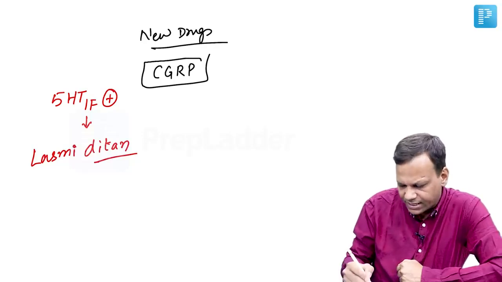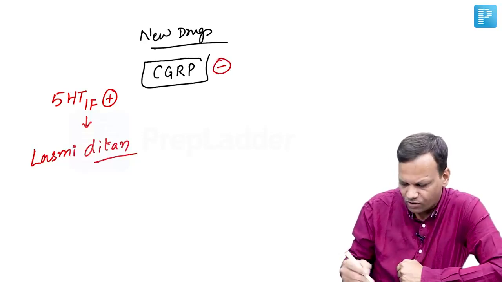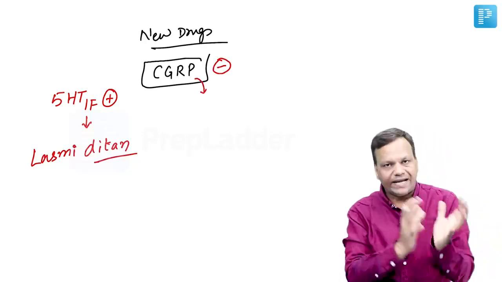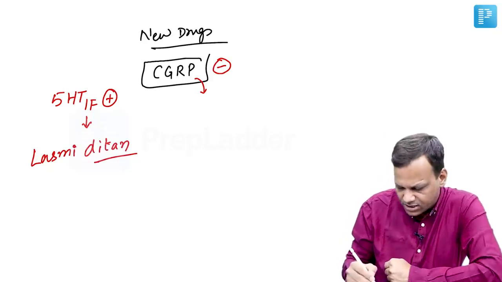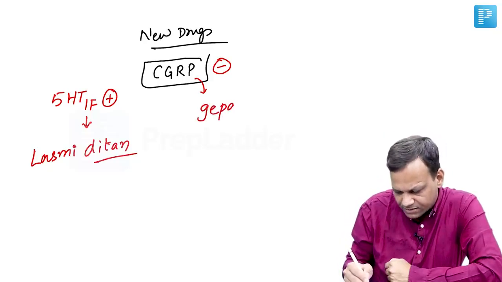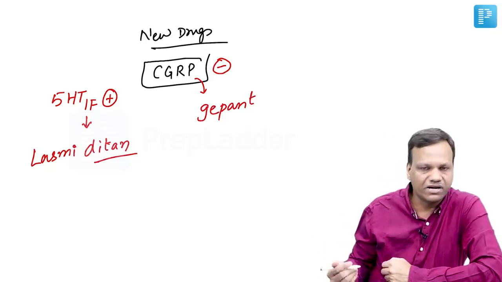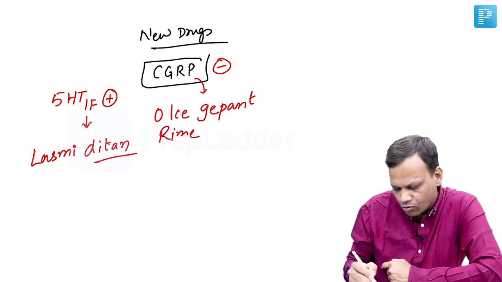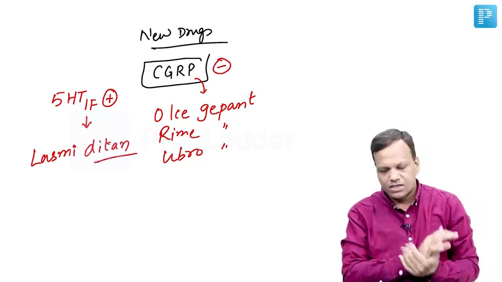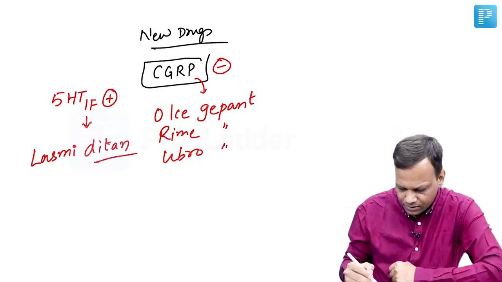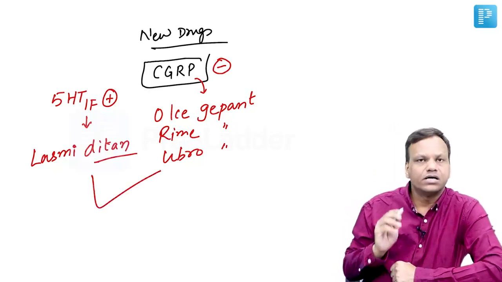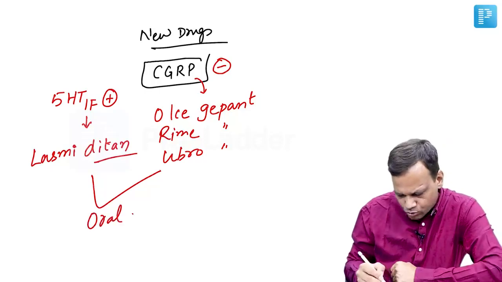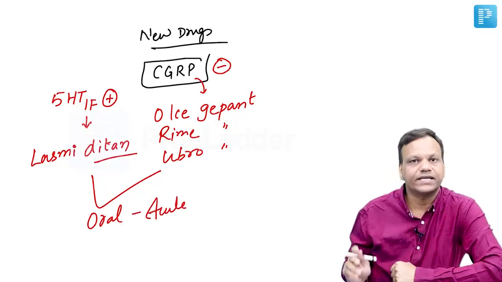Then another drug which can inhibit the release of CGRP, or we can say CGRP antagonist here in this case. So these drugs are called as gepants. Gepants, the drug whose name ends with gepant, like olcegepant, rimegepant, ubrogepant. So these are drugs which block CGRP receptors, and both of these gepants and ditans are oral drugs and are used for acute attack of migraine.